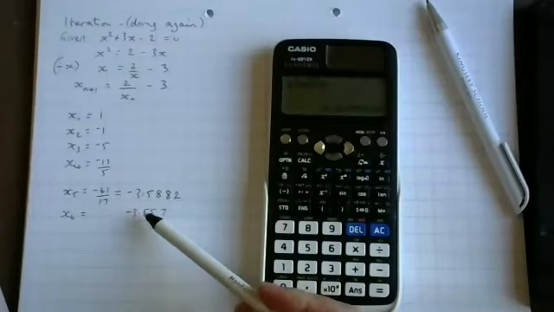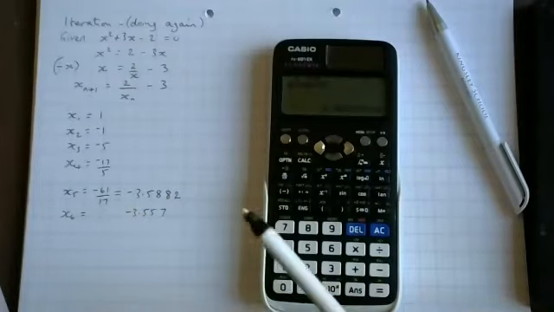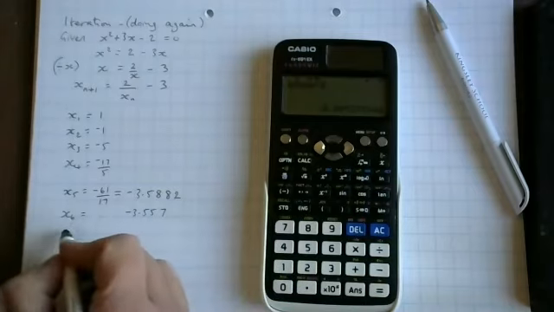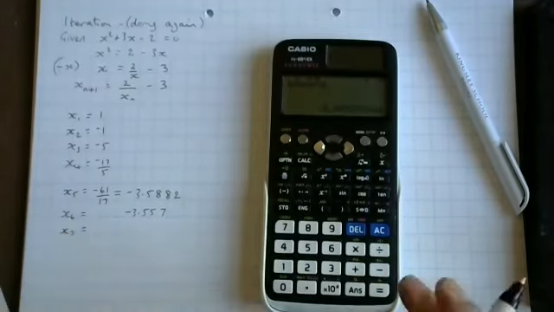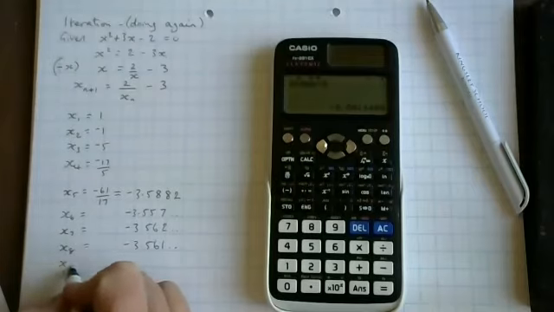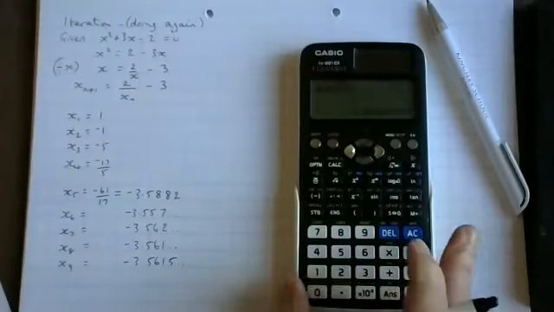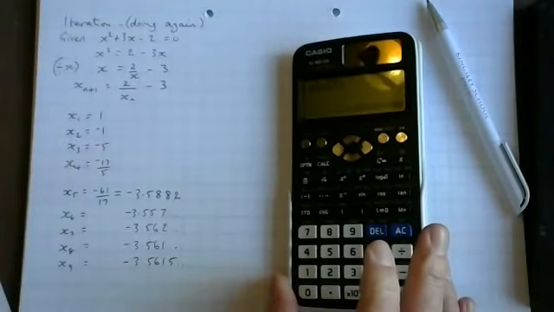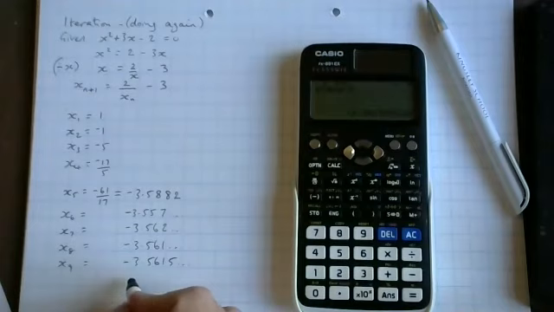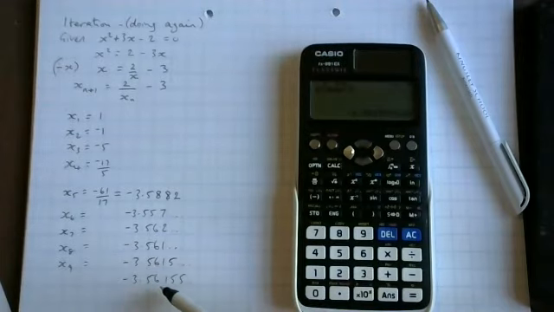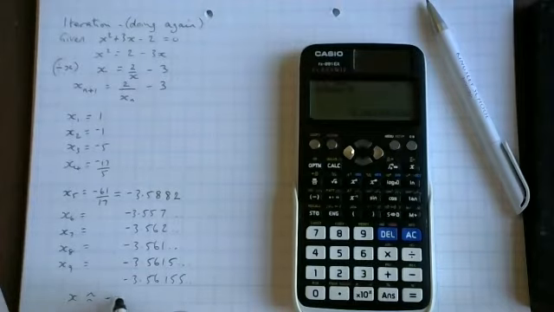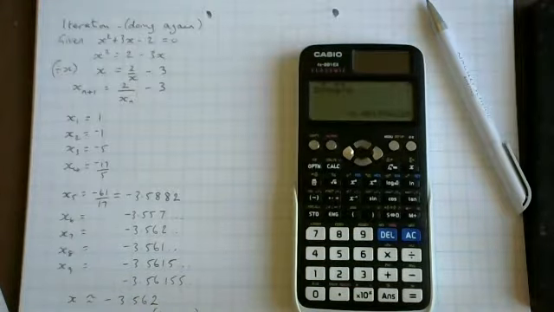So it agrees with x5 to 1 decimal place. Let's do the next one, x7 equals. Or we can just keep on going. Negative 3.56155. Negative 3.562. Negative 3.56 to 2 decimal places.